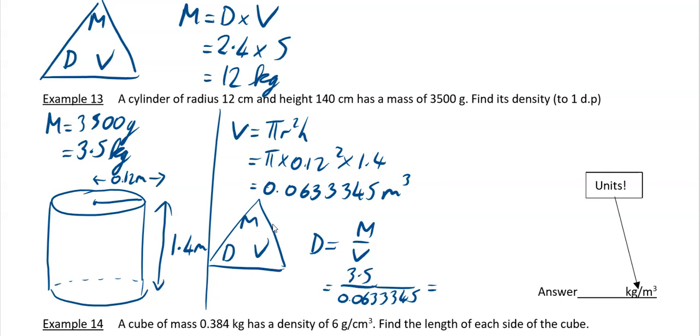And when you do that, I got an answer of 55.3, and that was kilograms per meter cubed, and that was to 1 dp. So we can fill that in, 55.3. I know I'm definitely right because I've used so many decimal places in my working out.